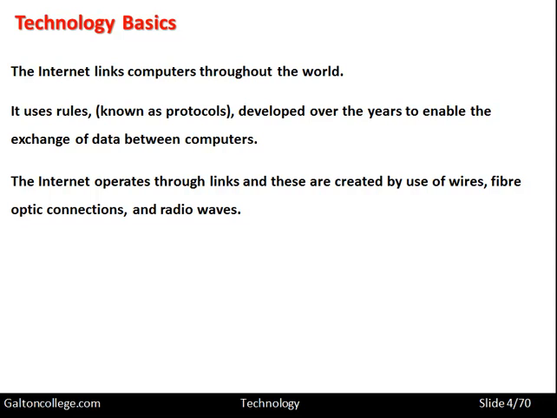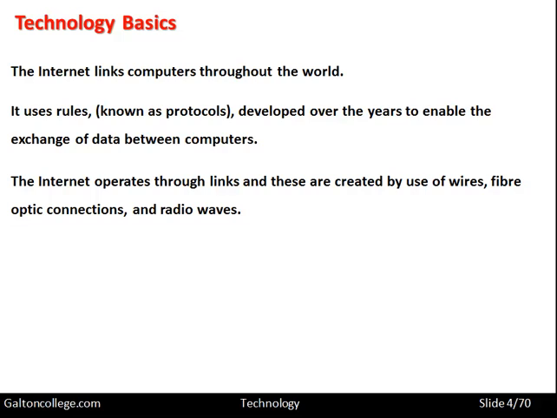The internet operates through links, and these are created by use of wires. There could be fiber optic connections, there could even be radio waves. But one thing for sure, the internet is a set of computers connected together, and the connections must enable the flow of information, the flow of data, the flow of contacts between one computer and the next.